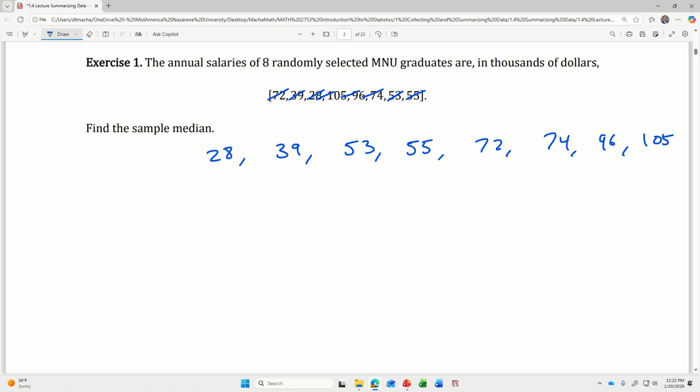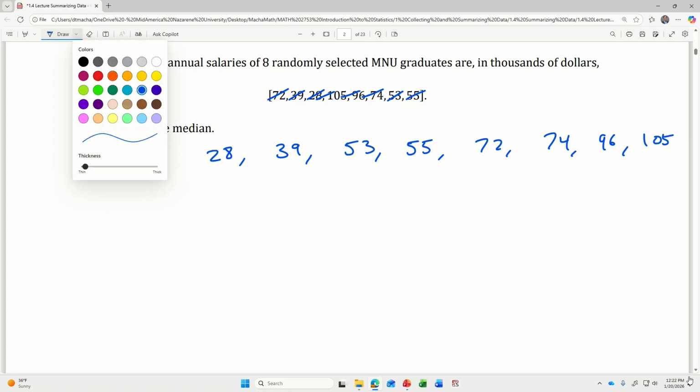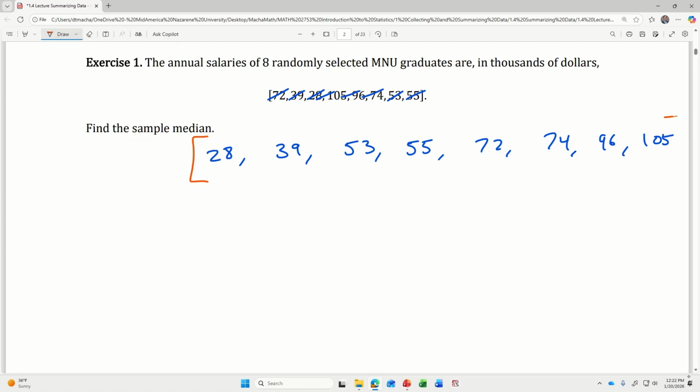And then what's my sample median? 63.5. Very good.